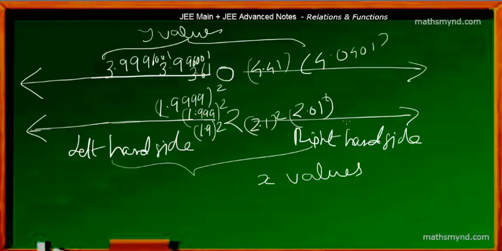And if we are taking 2.001 whole squared, you'll be getting 4.004001. So you can see that as we get nearer and nearer to 2 from the right hand side, we are getting close to 4, but we are not actually getting 4. Now that's a key point. So what's the limit? That's exactly what we are looking at here.